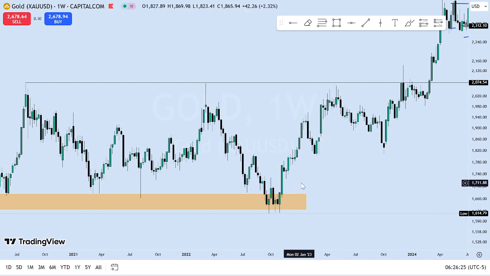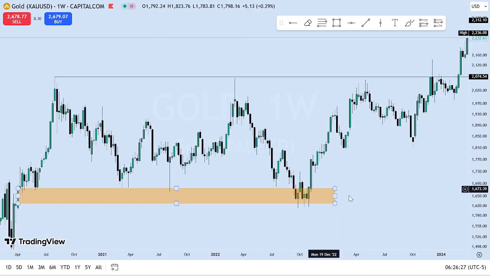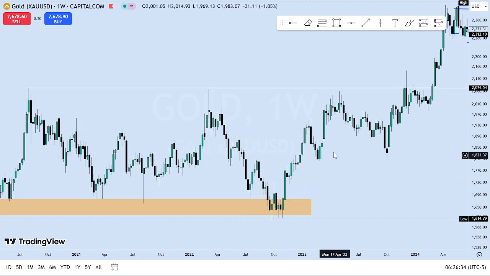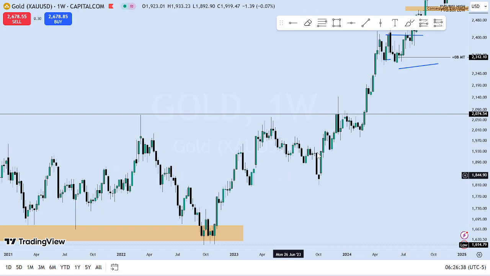Yeah, it's a void. It's acting as a fair value gap. The same function this fair value gap has, acting as a major resistance or support level. So going back there again for the third time, we went up, then we dropped.